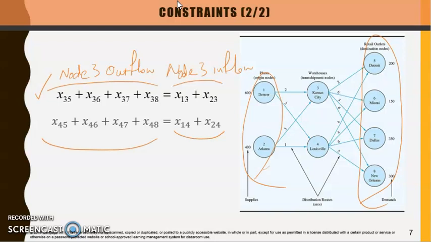And here we have x14 plus x24, the summation of the inflow, all the units shipped into Louisville. Louisville and Kansas City here are transit points. That's it.